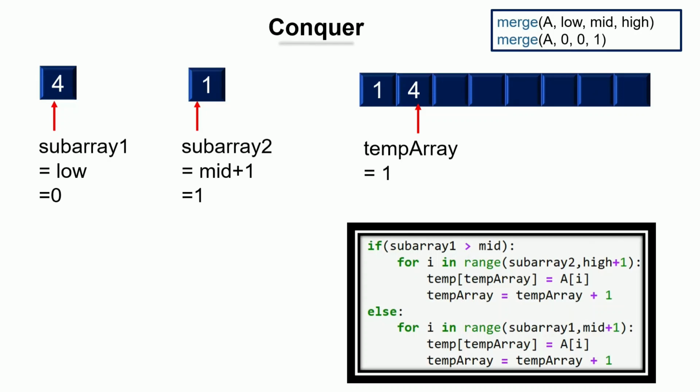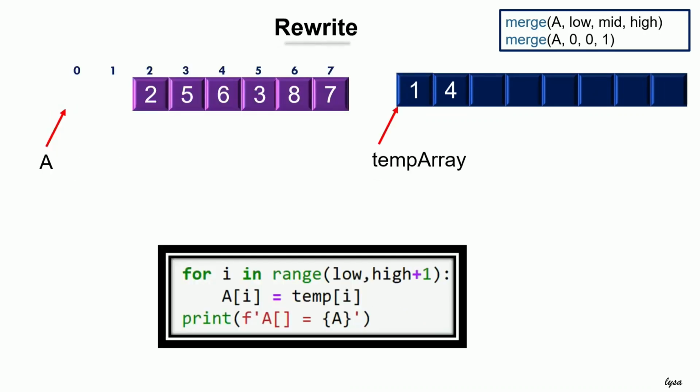Now the temporary array has the sorted list 1, 4, which is after merging the left sublist and the right sublist. Now we have to rewrite into the original array what is in the temporary array. So in A of 0, we write temp array of 0. So 1 is written first and then 4 is written.